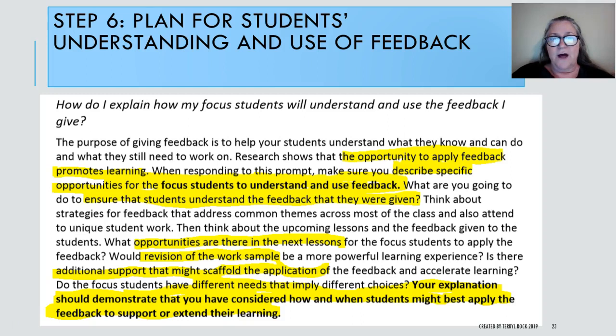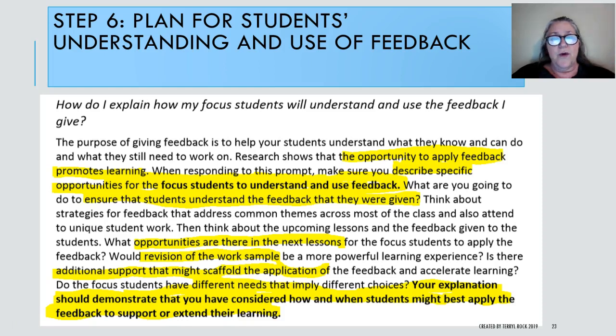I find even at the college level, if I give feedback to students, they will look at the grade, but they will not take the extra step often to look at the feedback I gave. And then they continue to make the same errors in subsequent assignments.